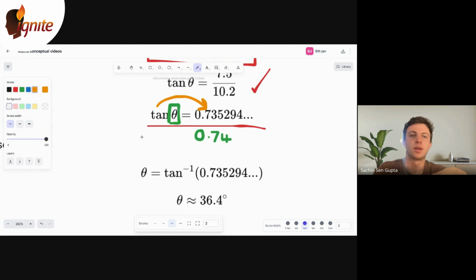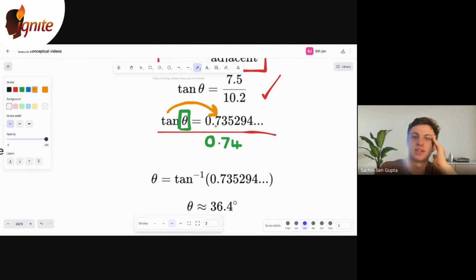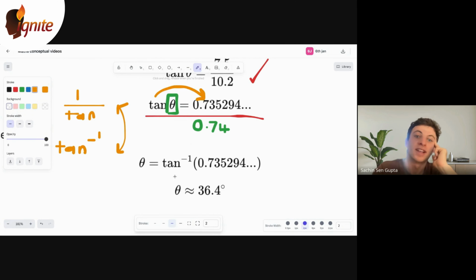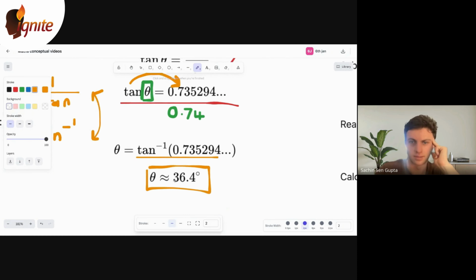How do we get tan over this side? We need to divide by tan, or go 1 over tan like this, which in other words is inverse tan, tan to the power of -1, right? This is the key index rule learned in year 9, hopefully. Hence why it's the inverse tan of this, right? And then they simplify. And there we go, we've got it in degrees here.